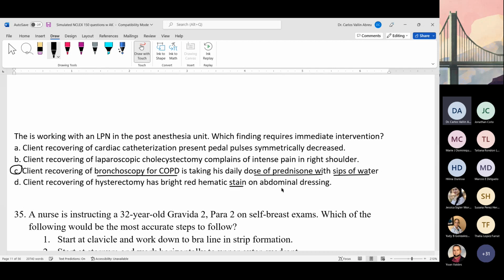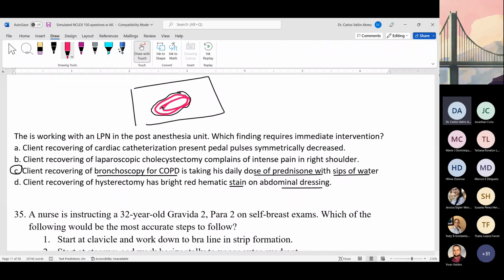Having a stain in the dressing after surgery is expected. What do you do if you have a dressing with a stain and you are concerned? Reinforce. Before that, what do you do? Check. You measure. You mark around the border with a marker, and then you come back in 5, 10, 15 minutes.